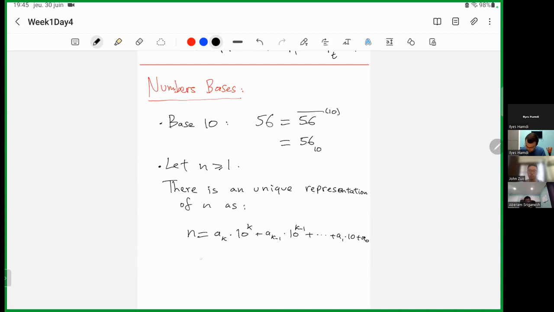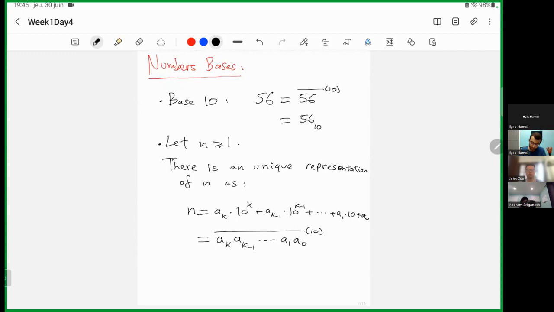Basically, that's the idea. Then I can write down my number in base 10 using the digits that I find in this representation. So this is the number in base 10.